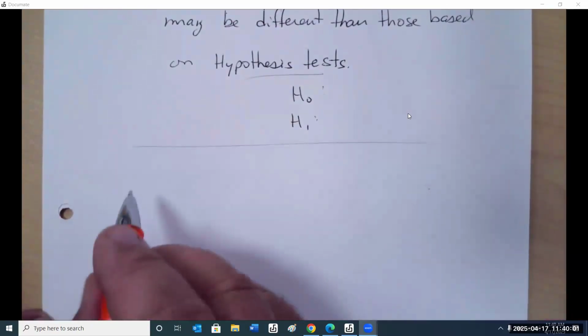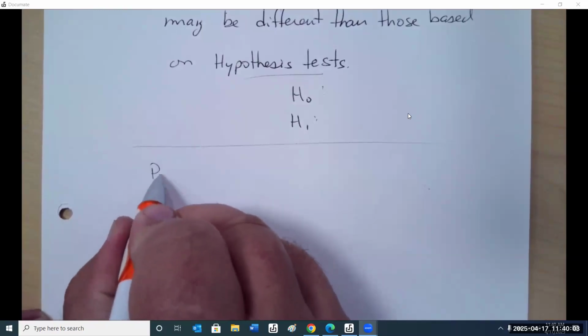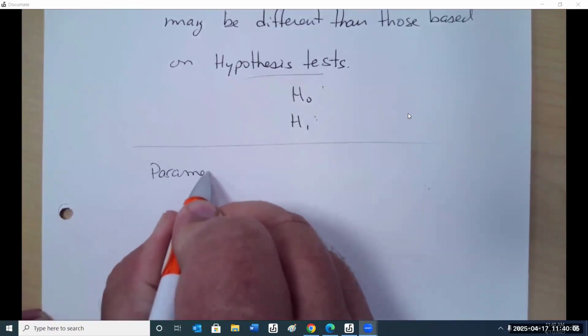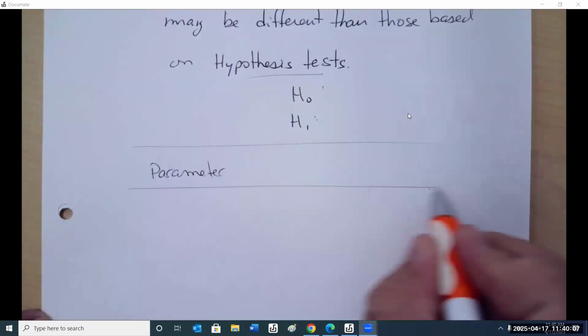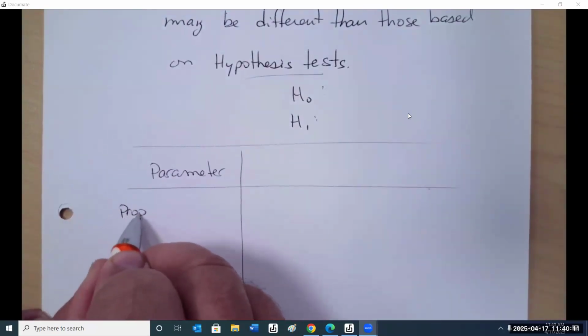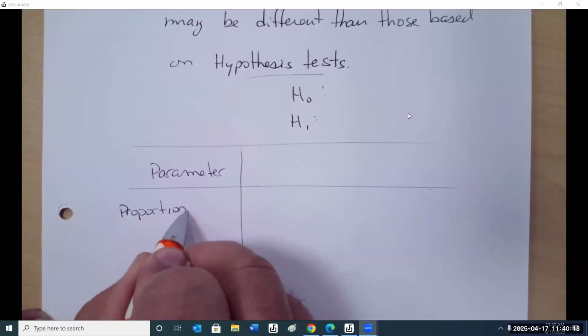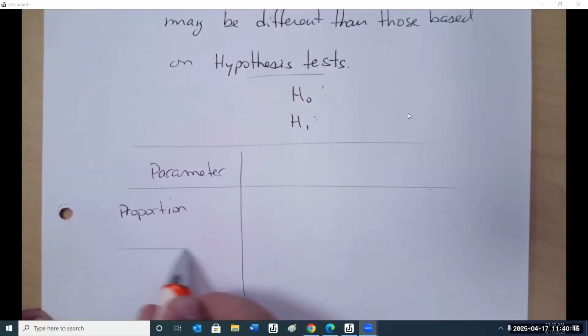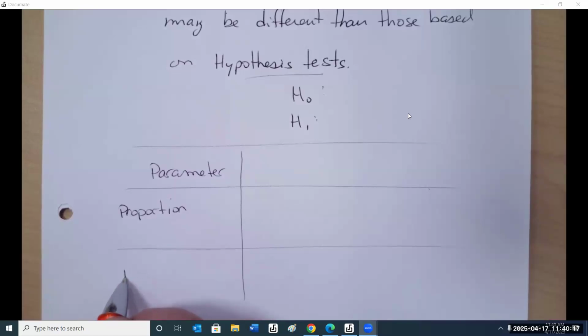So let's look at this chart. Here's your parameter. We have a proportion. We have the mean.